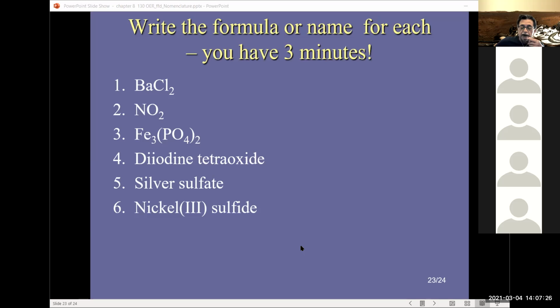Okay, and then recognize those parentheses. The parentheses should tell you polyatomic ion. I've got parentheses around it, so maybe I need to go to the polyatomic ion table and see if I can find a PO4. Iron phosphate. Kiana, you're 50% correct. There you go.